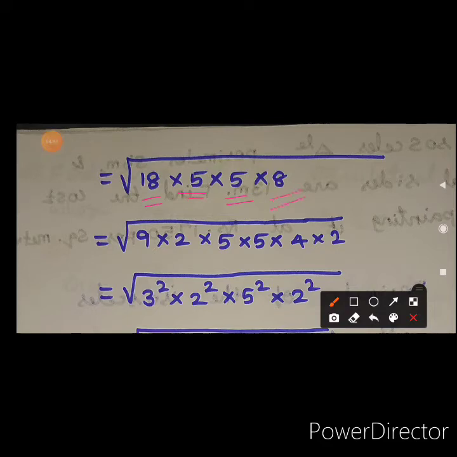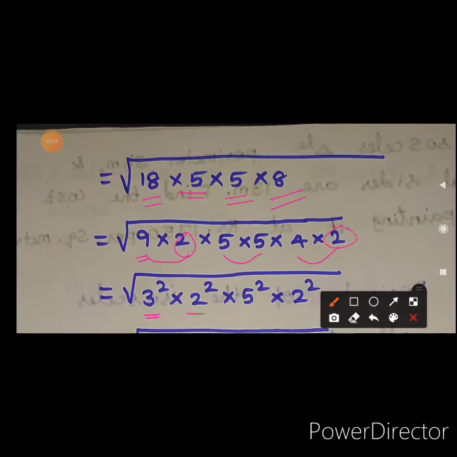Here 18 is greatest, so we split it 9 into 2. 5 is a smaller number, so 5 into 5. 8 is also a greater number, so I split it 4 into 2. So 9 is 3 square.